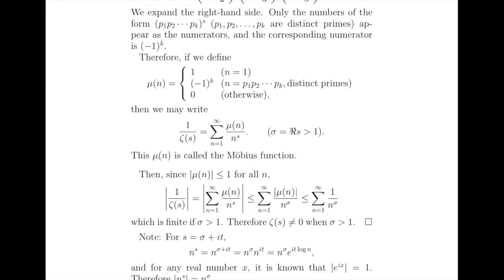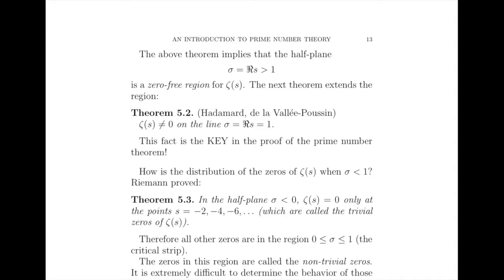So now we know that when the real part of s is larger than 1, the zeta function has no zeros, which we call the zero-free region of the zeta function. But actually, we can show the following theorem, due to Hadamard and de la Vallée Poussin.